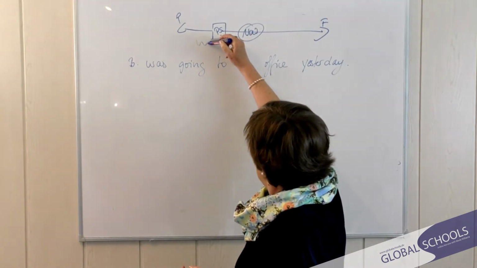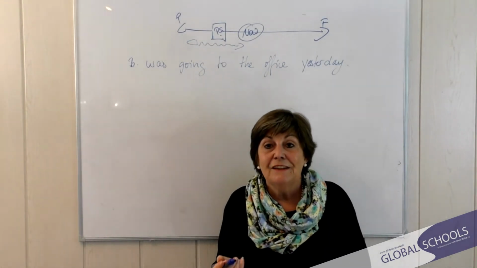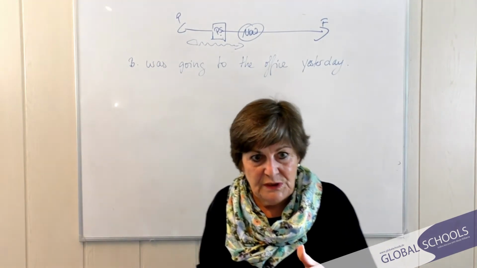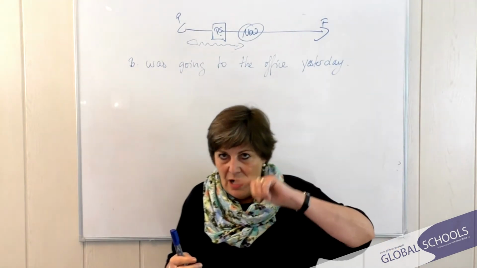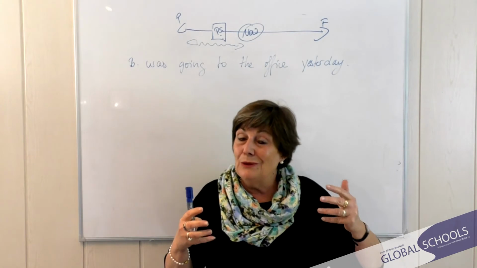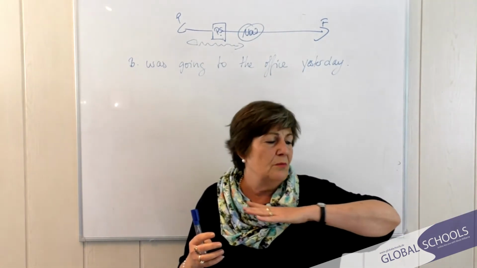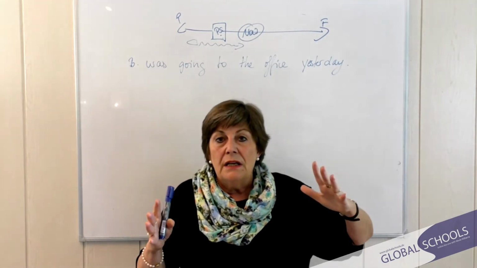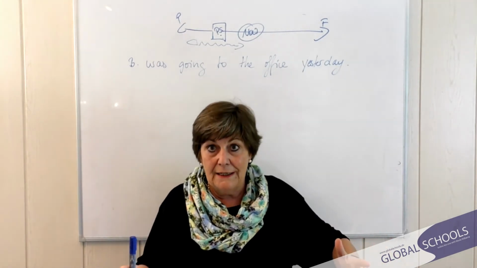Because it always takes much longer. So when I say Barbara went to the office yesterday, it's a regular process. She hopped in her car, went to the office. But when I say Barbara was going to the office yesterday, I'm not saying what was happening, but maybe a lot of trucks on the road, maybe, God bless her, she had an accident, whatever. It was taking a very, very long time.